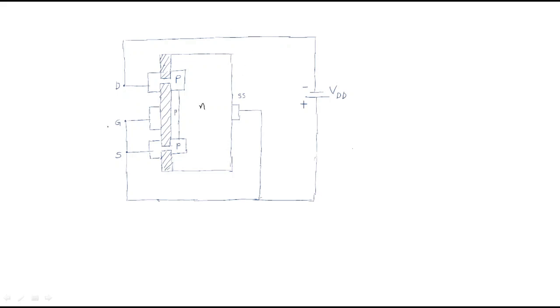So in order to understand the working of the P channel depletion type MOSFET, we should give the input biasing. What is the input here? Gate and source is the input.